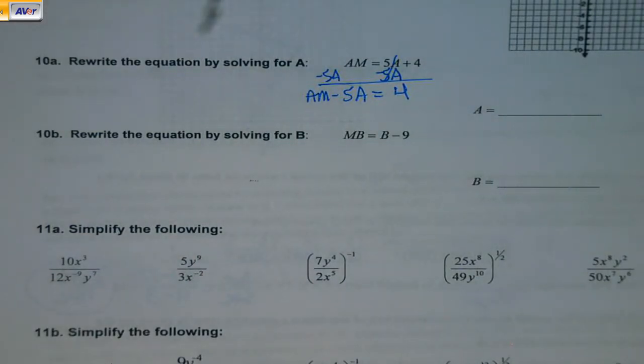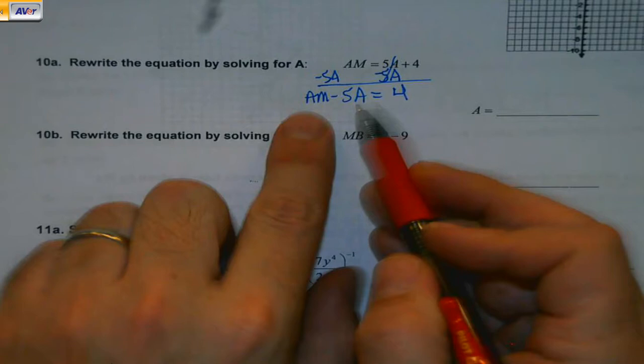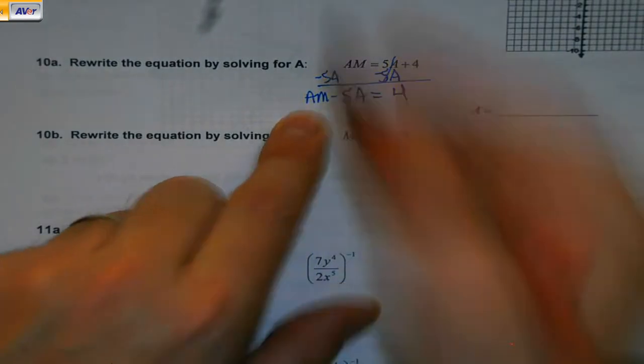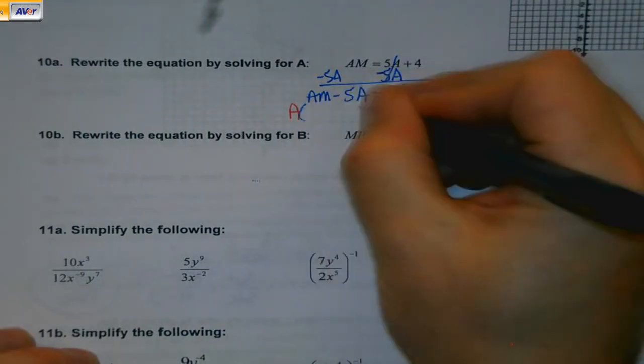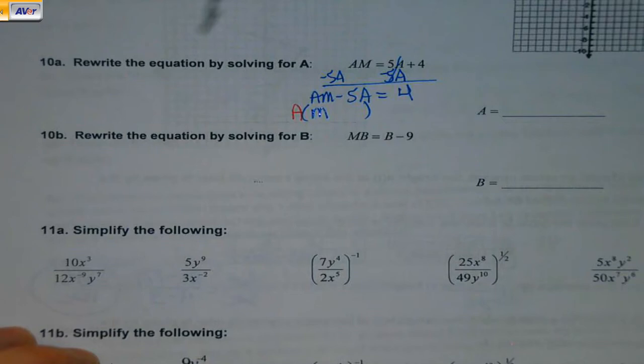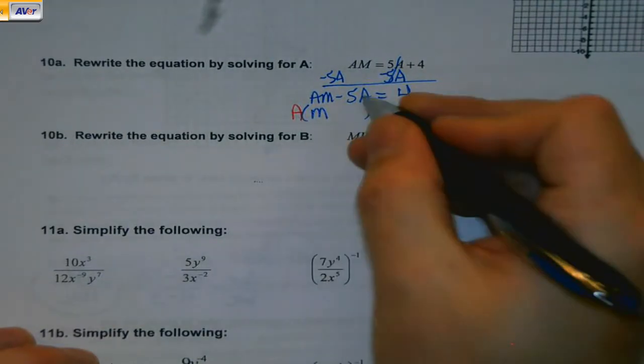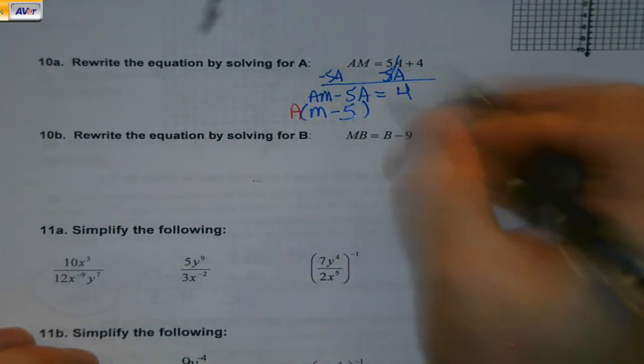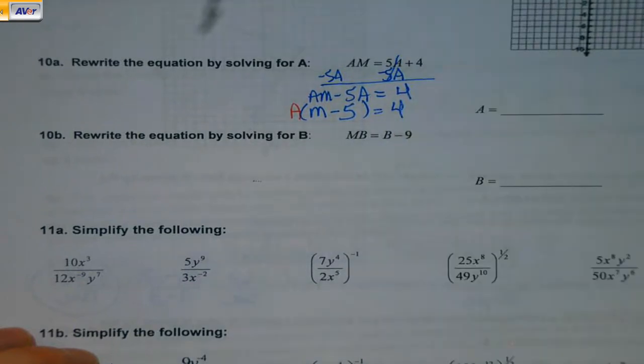I've got to get this down to 1A before I can solve for it. Well, how are you going to do that? Well, if I look at these 2 terms, what do they have in common? They both have A. So if I factor out the A, A times what gets me AM, M. A times what gets me negative 5A, negative 5. And all of a sudden, I'm down to 1A.